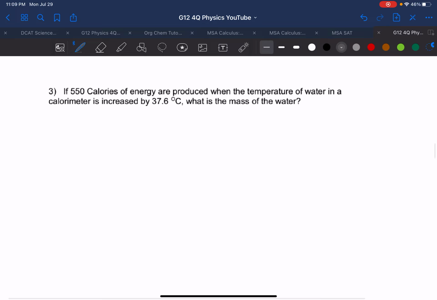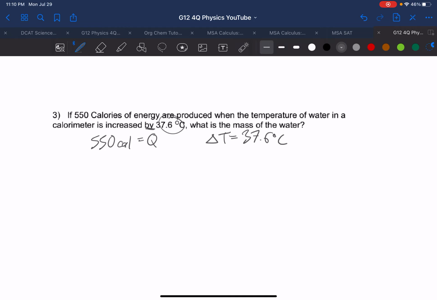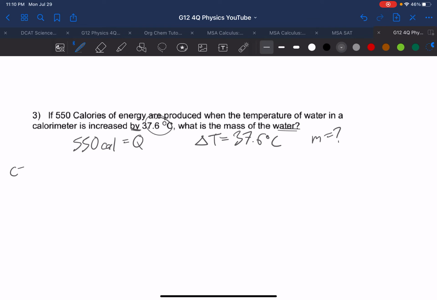How about number 3? We have 550 calories of energy. Temperature of water is increased by 37.6 degrees Celsius. If we have this preposition by, definitely the following value is the change in temperature, or delta T. What is the mass of the water? We don't know yet. But we're talking about water, so what is the specific heat? It is implied that it's 1 cal over g times degrees Celsius.